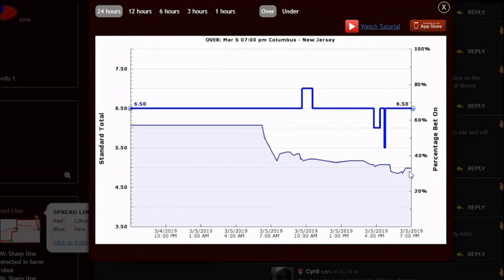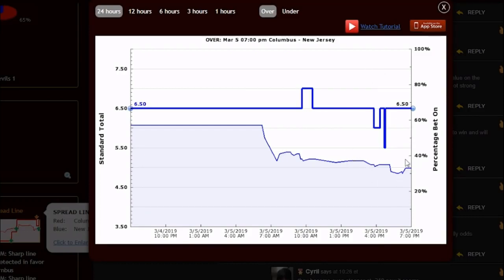They're very happy that most people are betting under, so they don't really want to move anybody to the over. So they're expecting a high-scoring game, over 6.5. My prediction based on this line alone is that Columbus is going to have an easy win and probably a high-scoring game over 6.5. Let's check the results.